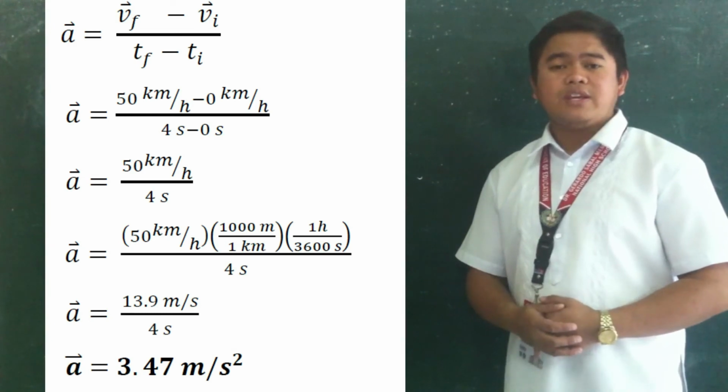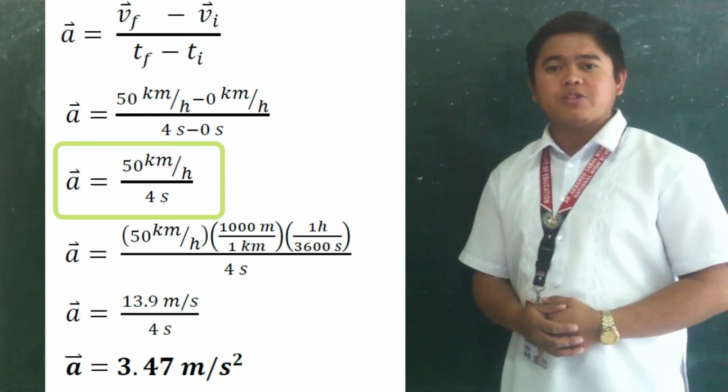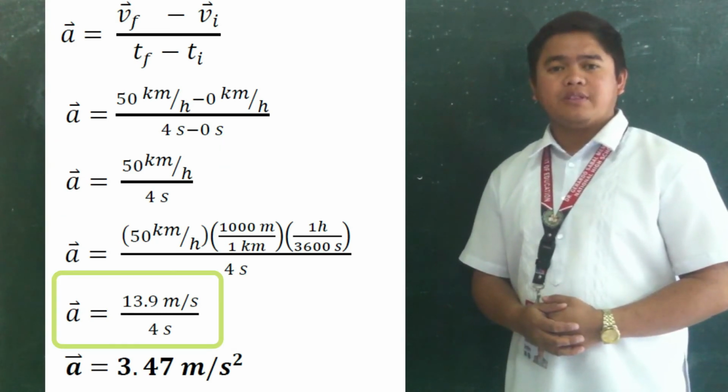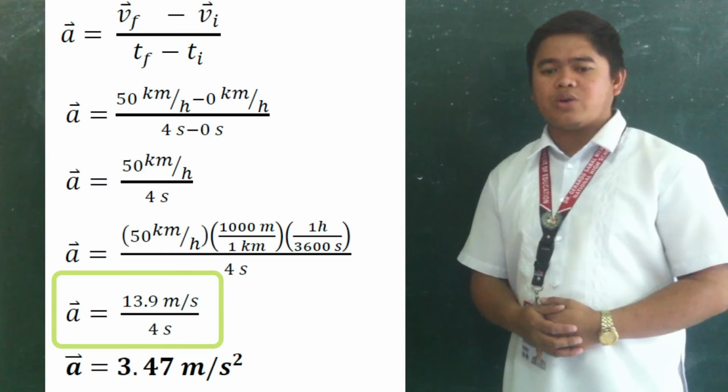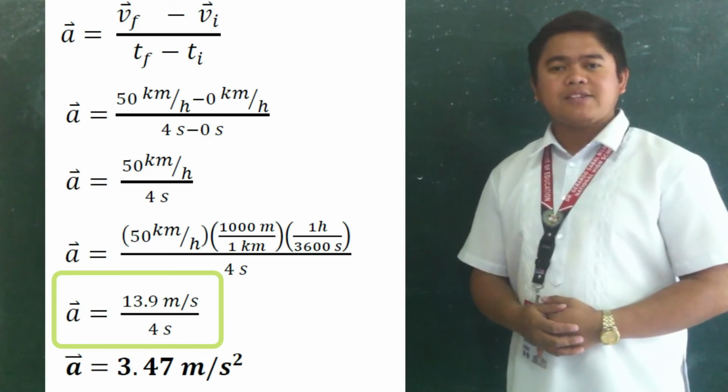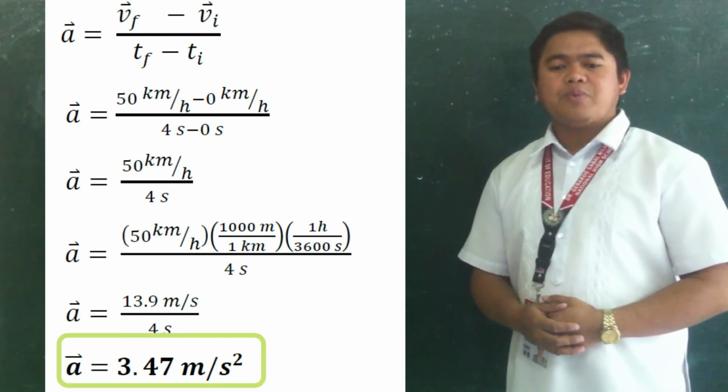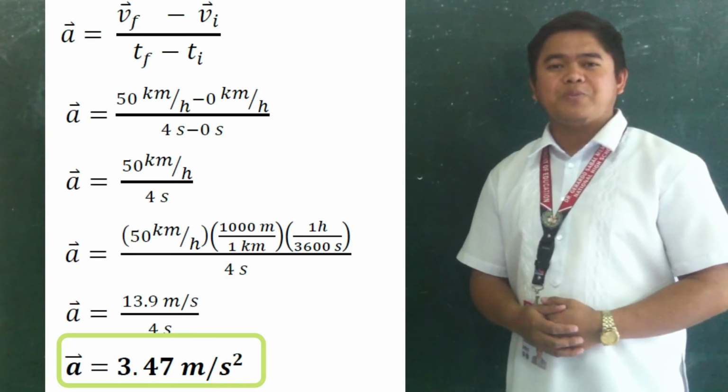Therefore, 50 kilometers per hour is equal to 13.9 meters per second. Now, let's divide 13.9 by 4. Therefore, the acceleration is 3.47 meters per second squared.